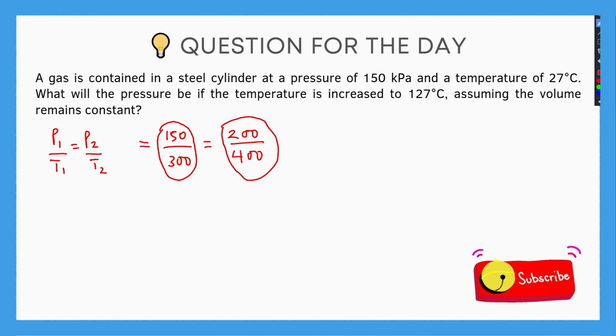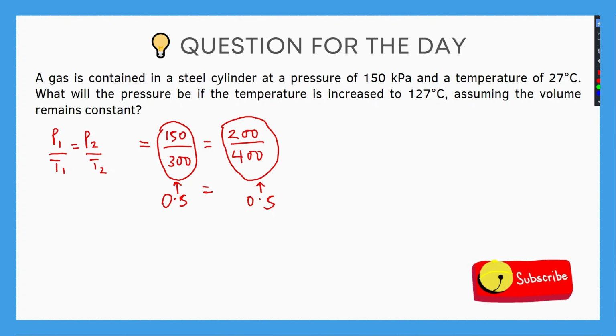So let's do a bit of math. 150 divided by 300 gives us 0.5. On the other hand, 200 divided by 400 also gives us 0.5. So from our calculation, we have seen that this obeys Gay-Lussac's law.